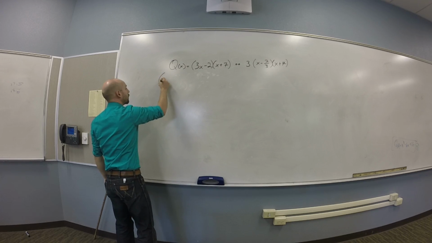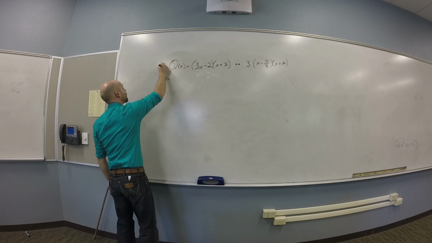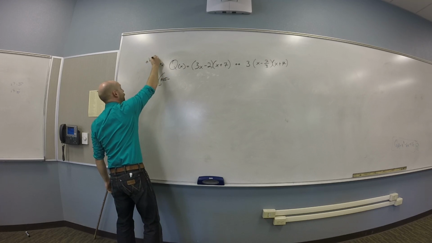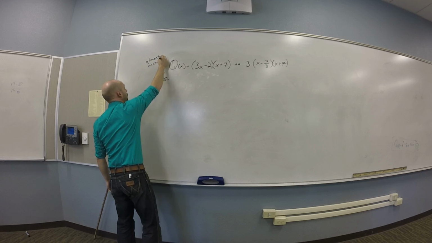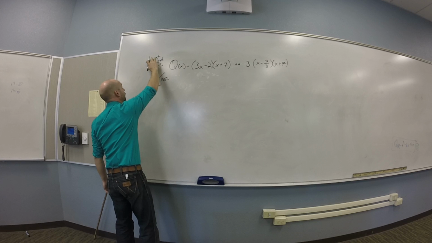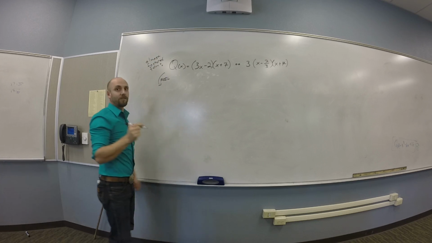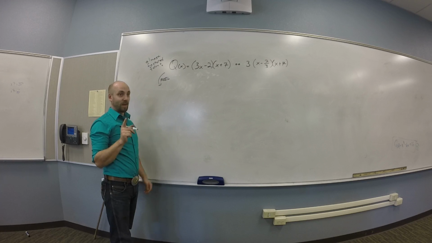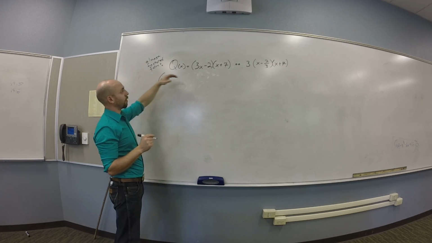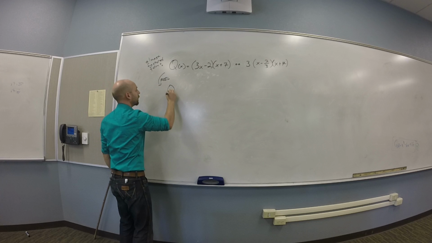So if I FOIL this almost factored form, what do you get?